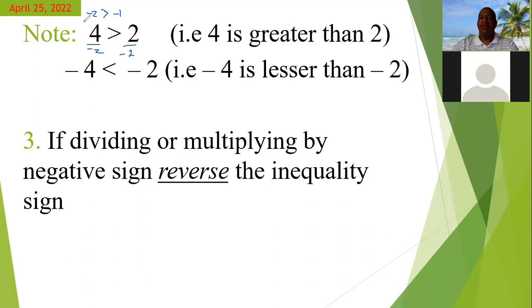If we divide both sides by a negative, the statement cannot remain true with the inequality symbol staying the same way. But if we reverse the inequality symbol to the opposite, now the statement will be true.